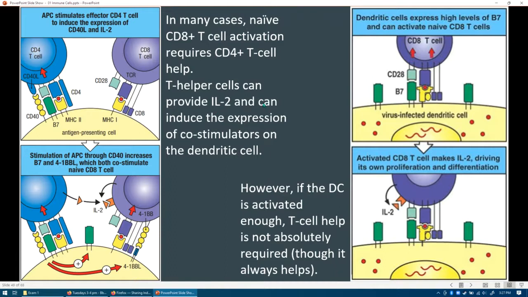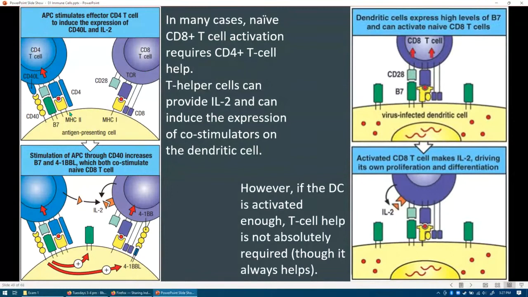T helper cells can provide that IL-2, and T helper cells can also induce the increased expression of co-stimulators on dendritic cells. So if a dendritic cell only has a little bit of B7 on its surface, that's usually not enough to get a naive CD8 positive T cell to become activated.